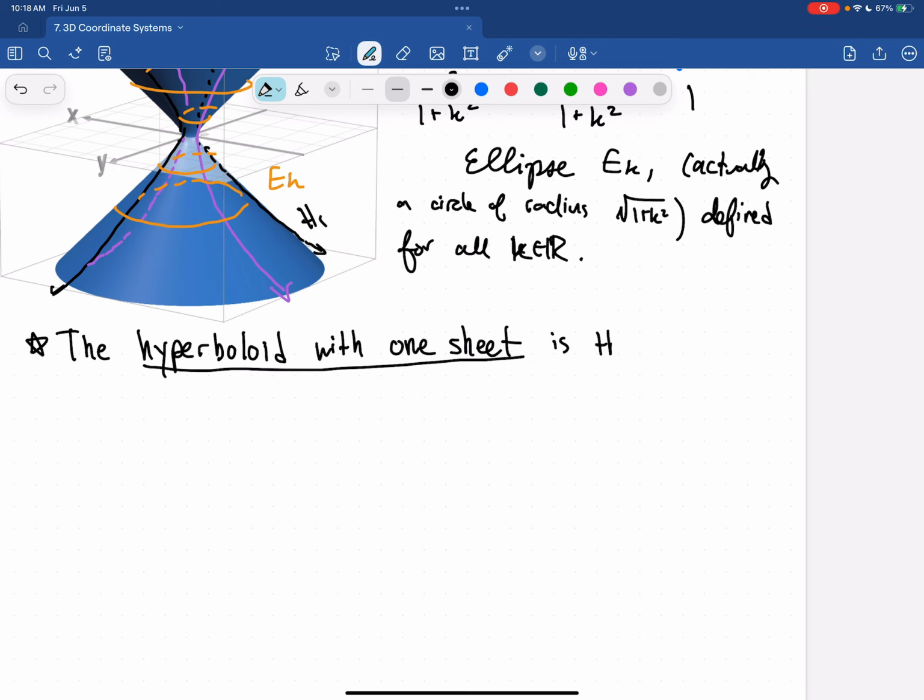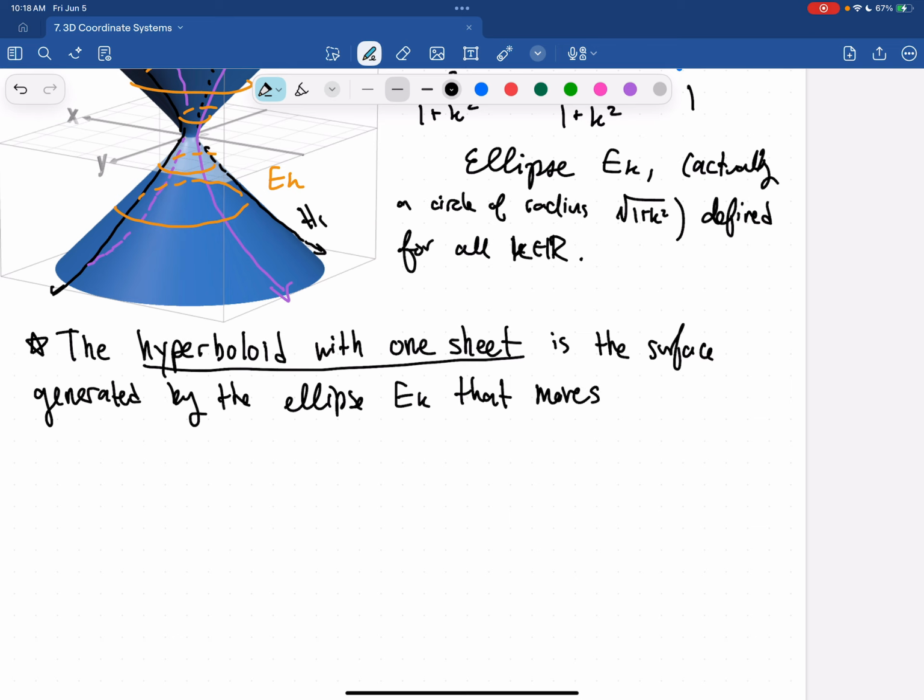It is the surface generated by the ellipse EK that moves parallel to the XY plane, having vertices on the hyperbolas h1 and h2.